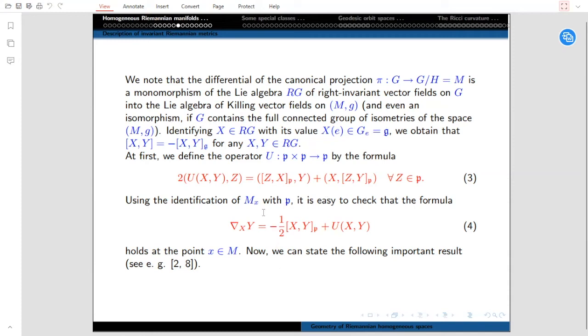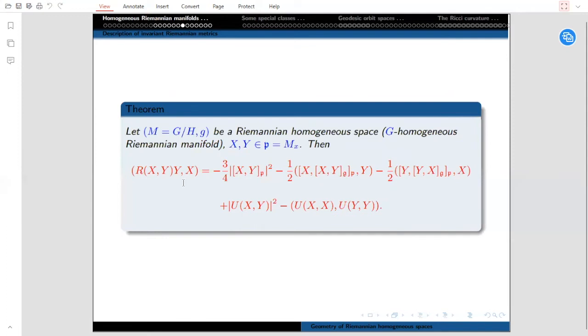Now, if we have this operator U, it's very standard, then we can write down an explicit formula for the Riemannian tensor of this form. R(X, Y)Y, X could be calculated by this formula, very explicit.